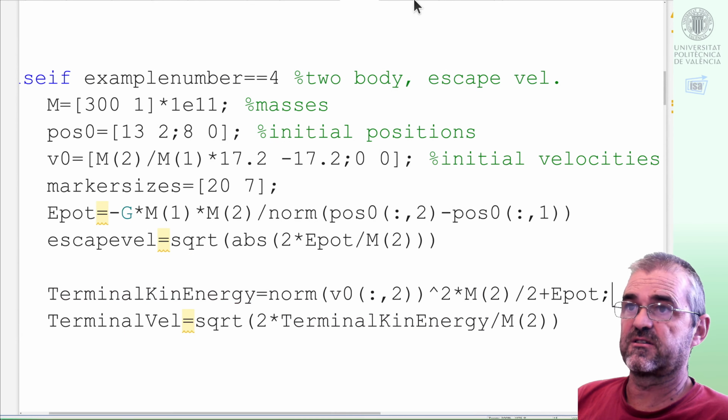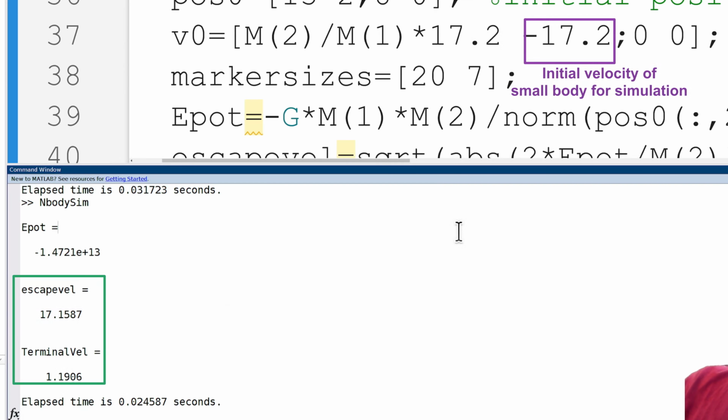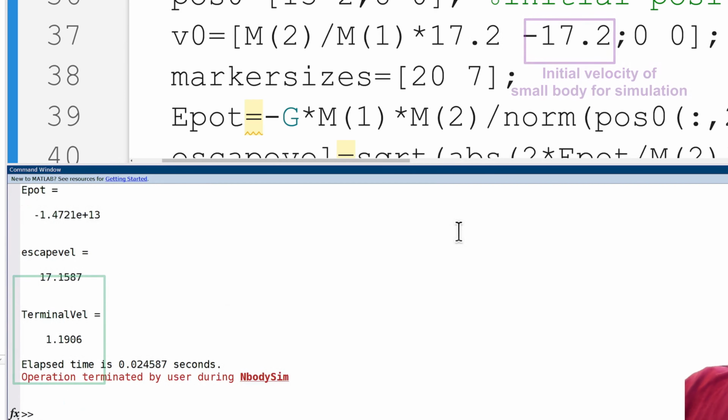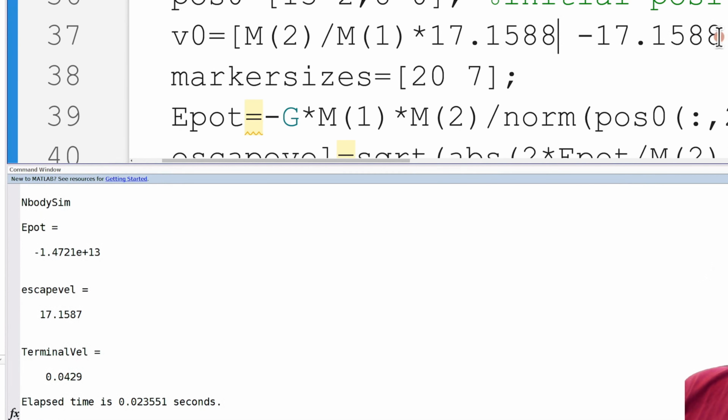Well, that terminal velocity ends up being 1.2 meters per second, so as 17.2 is larger than the escape velocity, we have terminal velocity non-zero, and if we are close to the escape velocity, terminal velocity tends to 0.